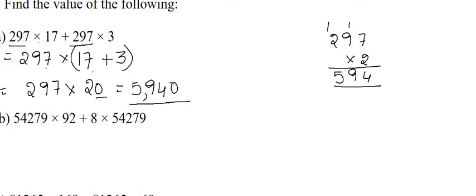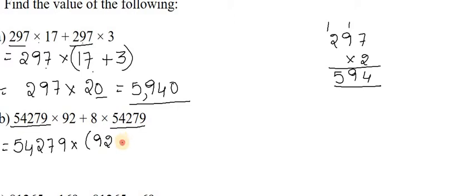Now next question. So which is common by following the same rule? Which is the common number here? 54,279. So we will just remove that 54,279 multiplication symbol, and 92, what is the symbol left? Plus, and 8. 54,279 multiplied by 92 plus 8 is 100.